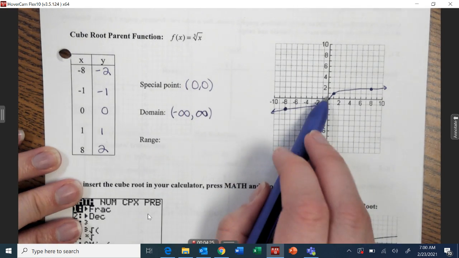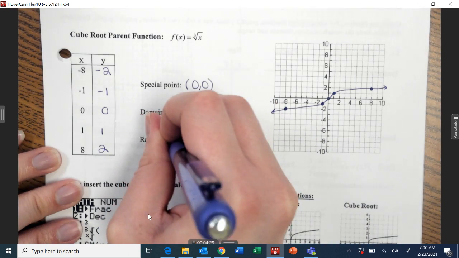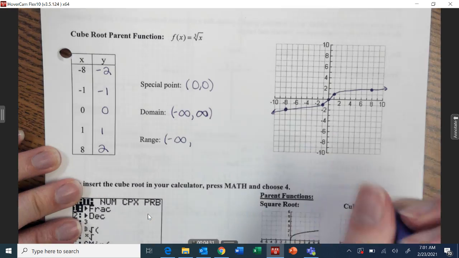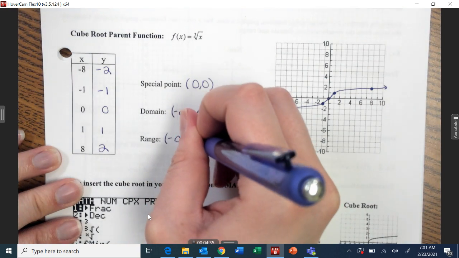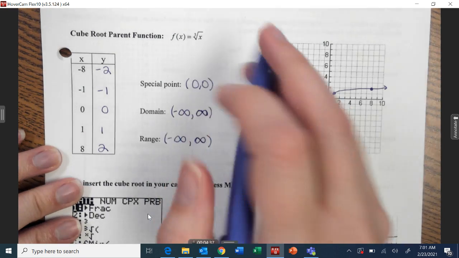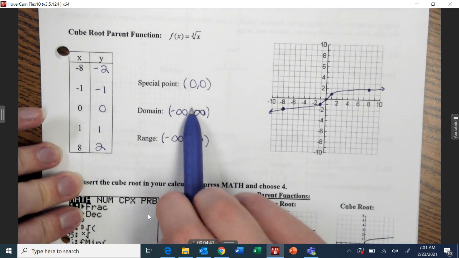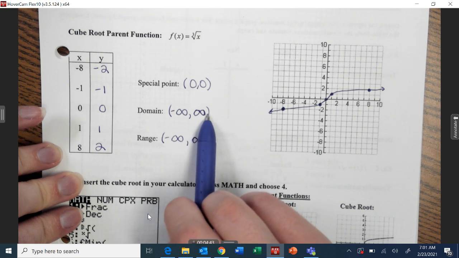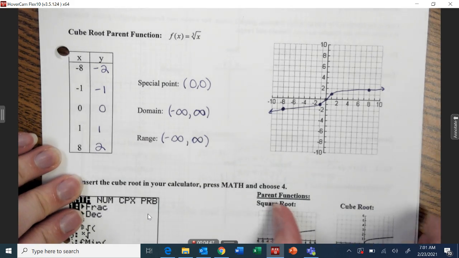For the range, as I move left, I'm also going down forever. That's negative infinity. And as I move right, I'm going up forever. That's positive infinity. For our purposes, a cube root function will always have the domain and range of negative infinity to infinity because you can always take an odd root of any number.